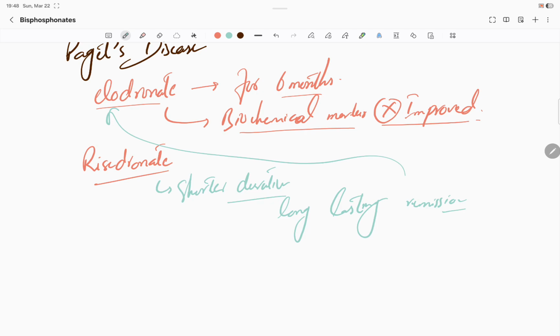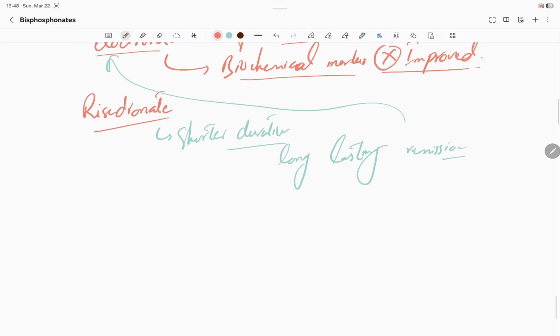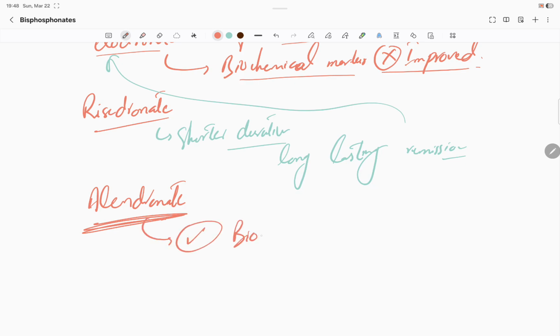And if we talk about alendronate, then it is the best drug to improve biochemical markers.